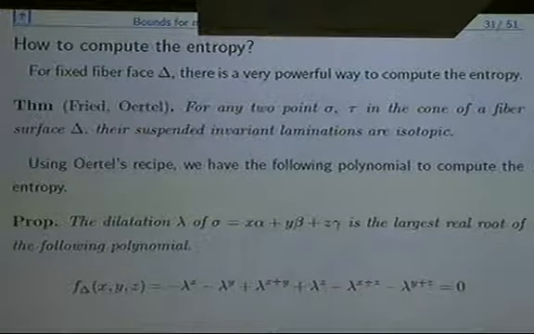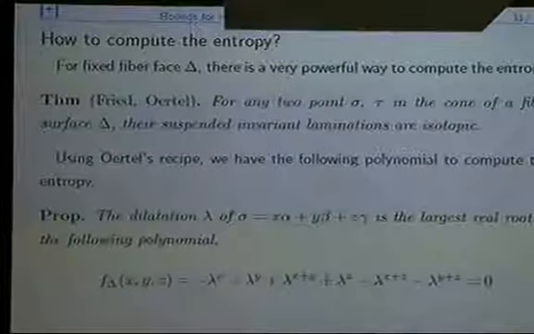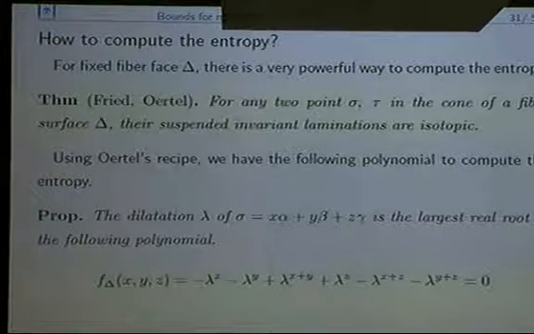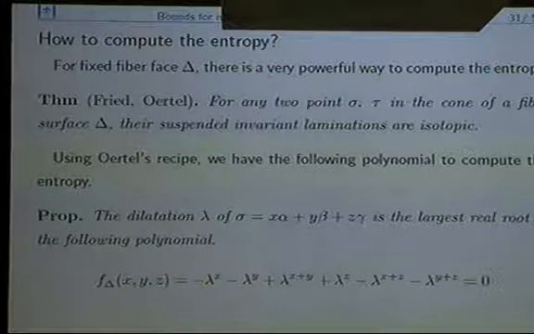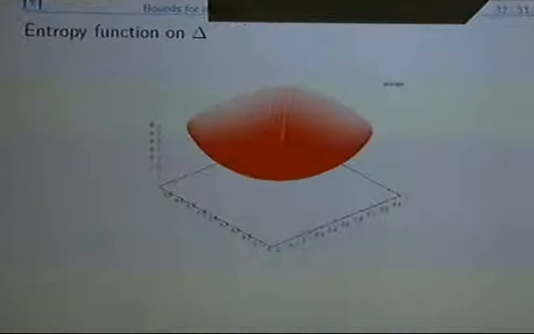And the only theoretical reason is here. If you have two points, the suspended invariant foliation is the same. And in other words, if you have this foliation, you can get every other invariant foliation in the surface from the original suspended lamination. And so we can compute this polynomial.